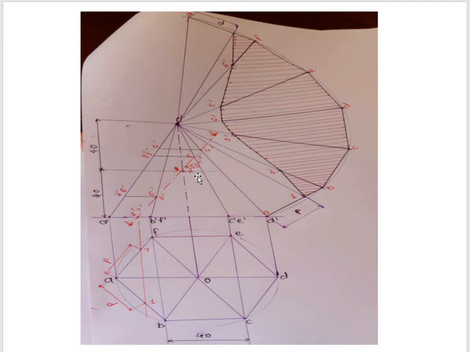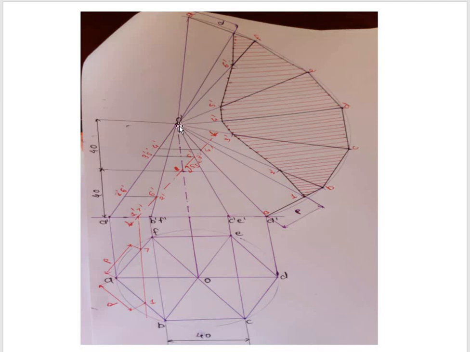So again complete the procedure the same as for the pentagon. This is the AIP which cuts at the midpoint of the axis at a 55 degree angle. So again transfer those points 1 dash, 2 dash, 3 dash, 4 dash, 5 dash, likewise.